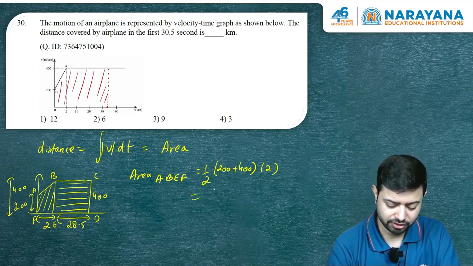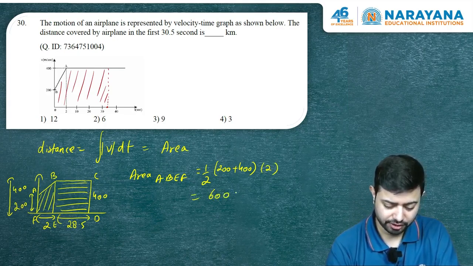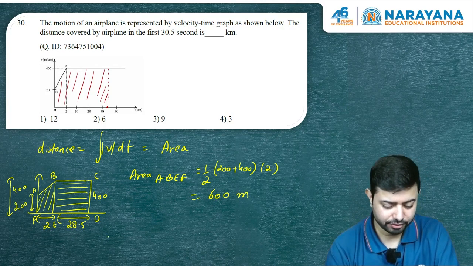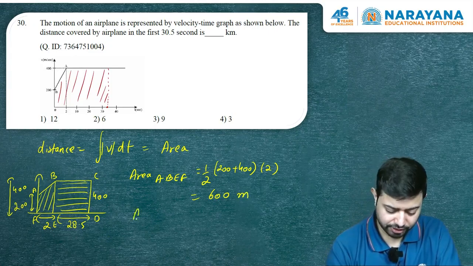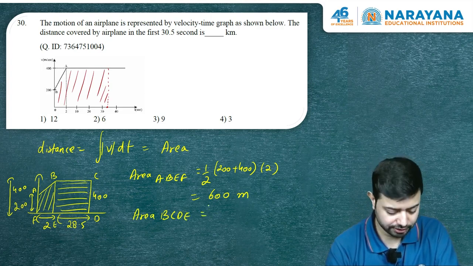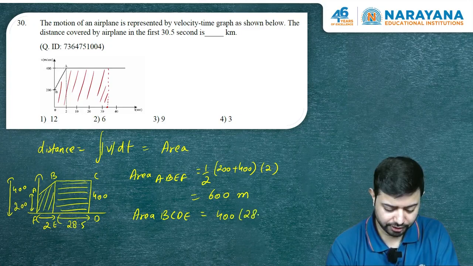So how much is this? 600 meters, SI unit. Now what about the area of this rectangle, B, C, D, E? Length into breadth, 400 into 28.5.